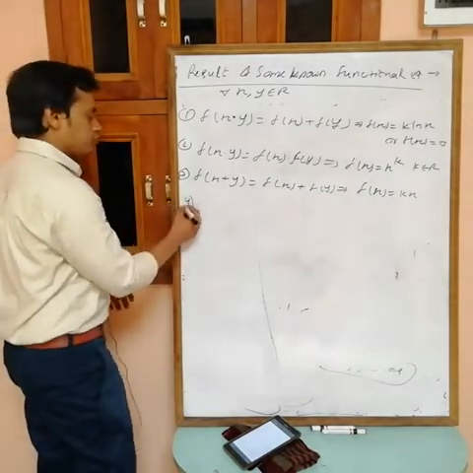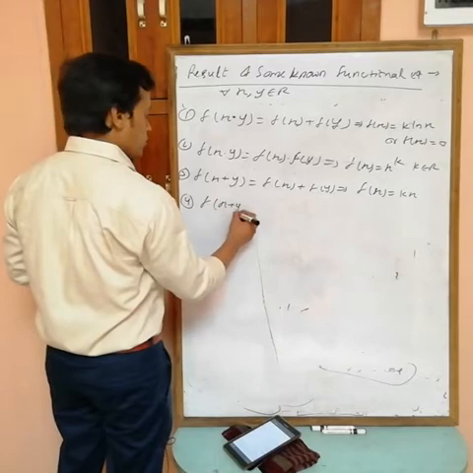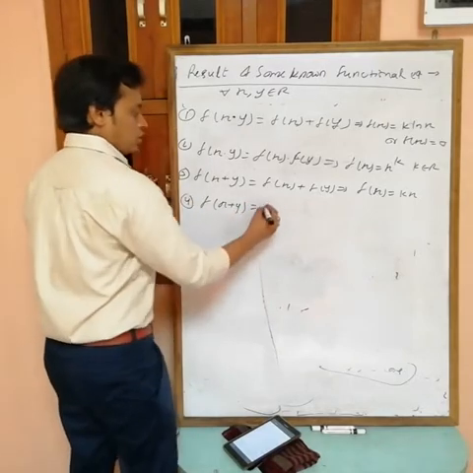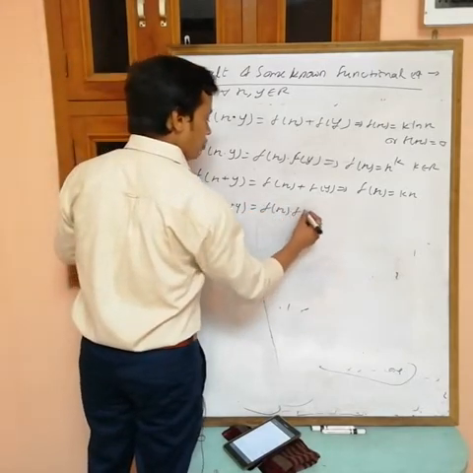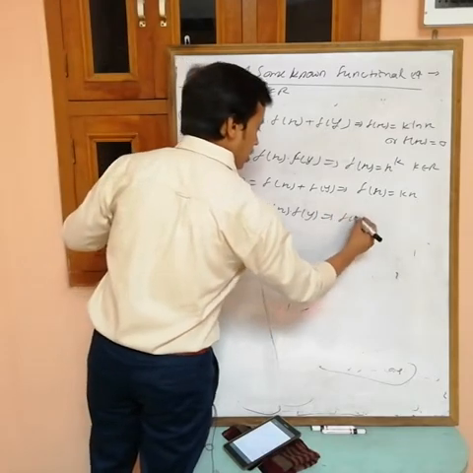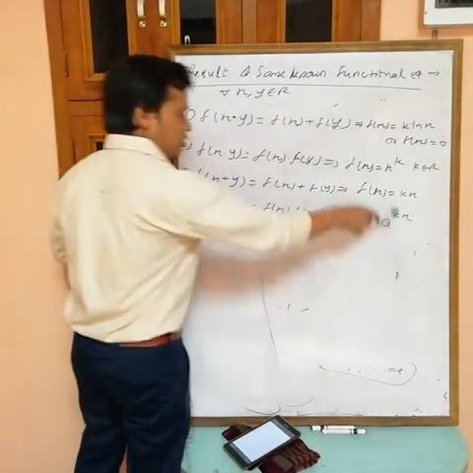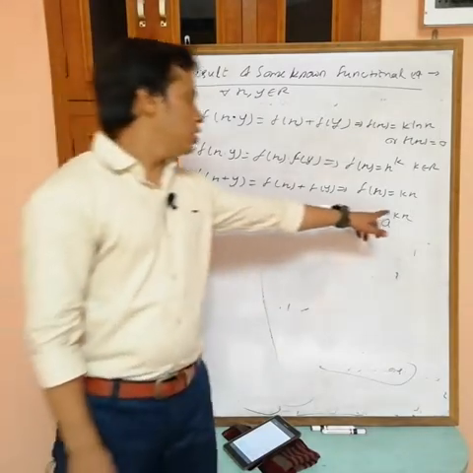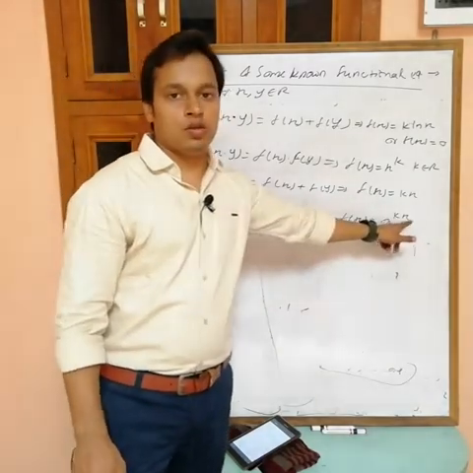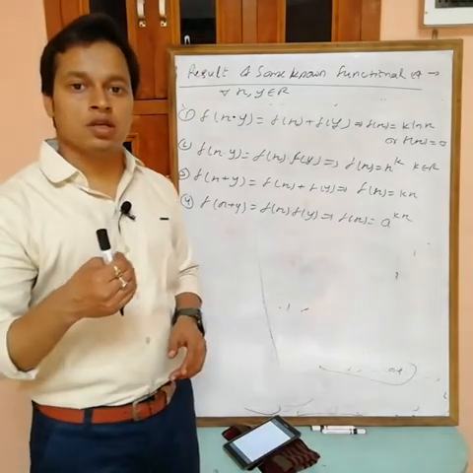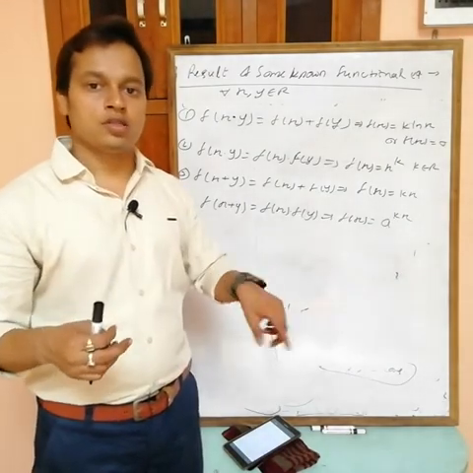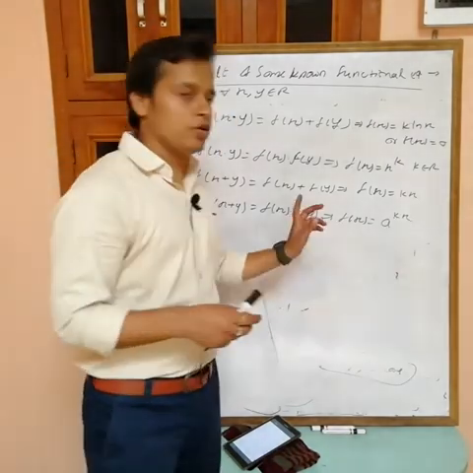Next, f(x plus y) equals to f(x) into f(y). Then f(x) is a power kx. In this one, if you replace x with x plus y, then it can be written as k(x plus y), a power kx into a power ky, f(x) into f(y).